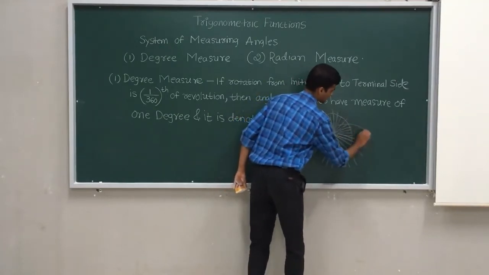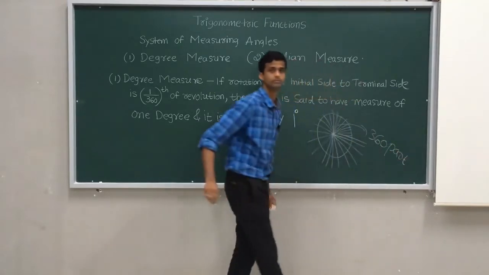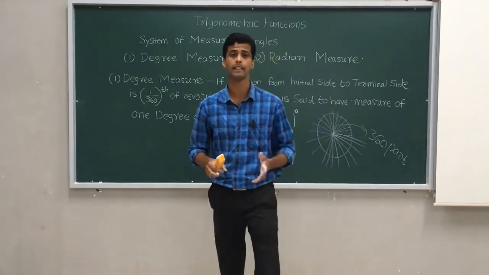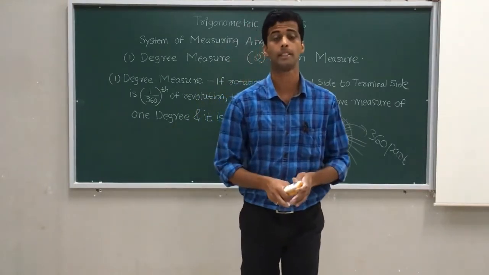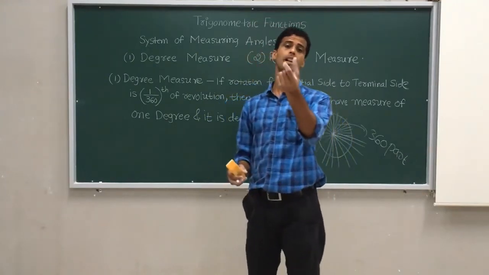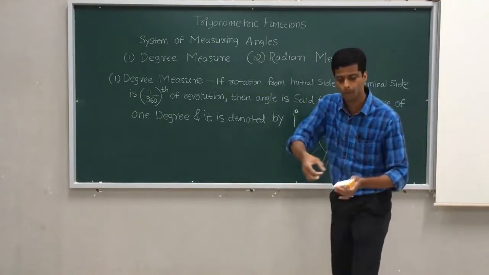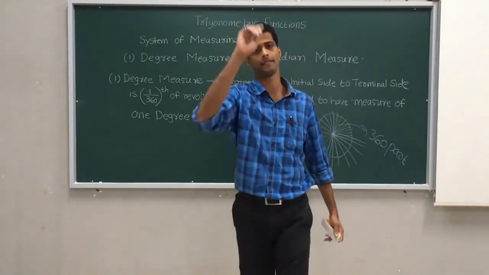It has totally 360 parts. If you consider this circle for the time being as a watermelon, they have divided this watermelon into 360 parts. Just imagine how tiny a part is. In that 360 parts, if you take one part out, it will become 1 degree.